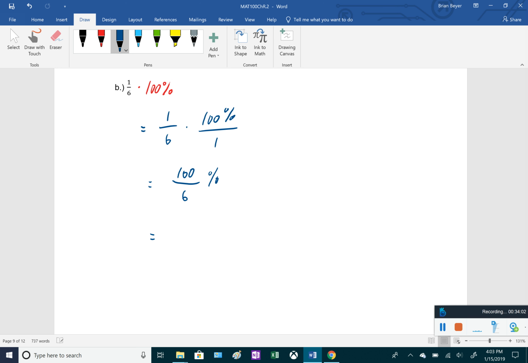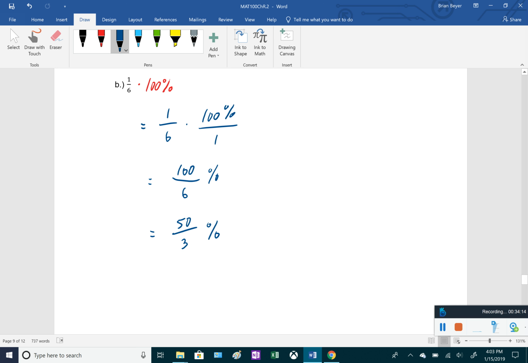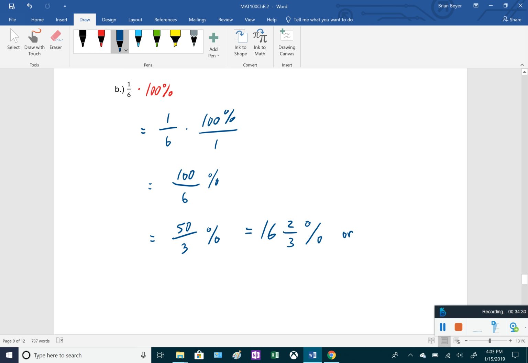If we divide the numerator and denominator by 2, if you want to think about it that way, we would get 50 over 3%. So if we took this and divided it, we would end up getting 16 and 2/3%. So if we divided it and changed it to a mixed number, we would get that. Or we can write it as a decimal and make it 16.6 repeating percent. So those both mean the same exact thing. Kind of messy, but that's okay.